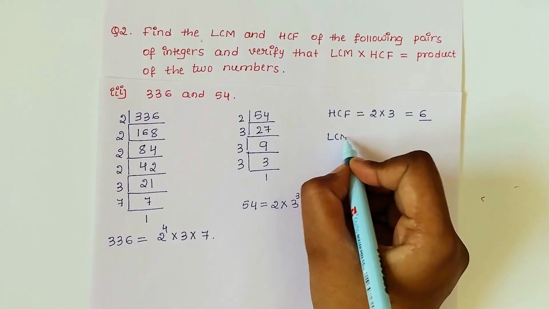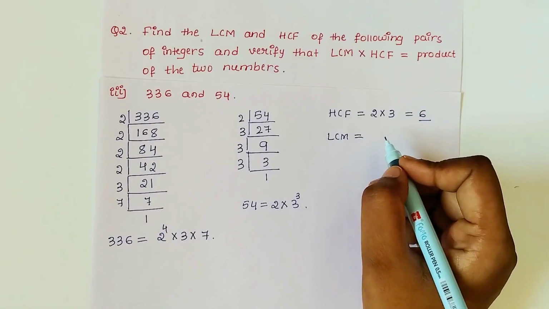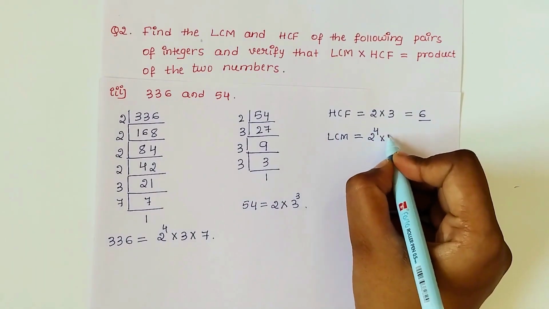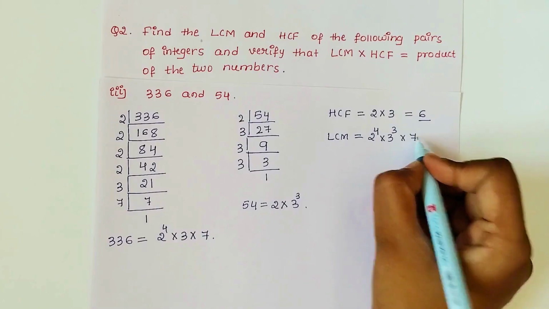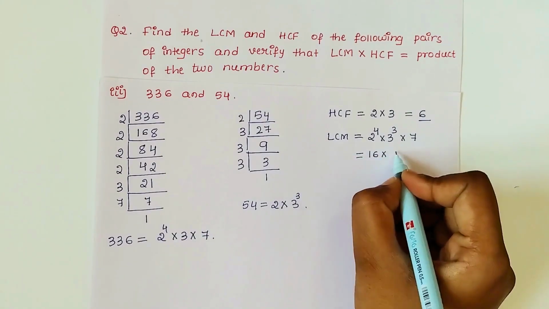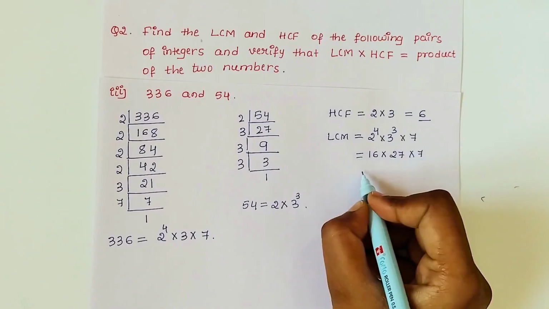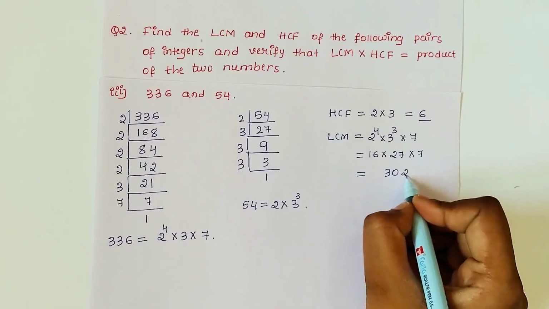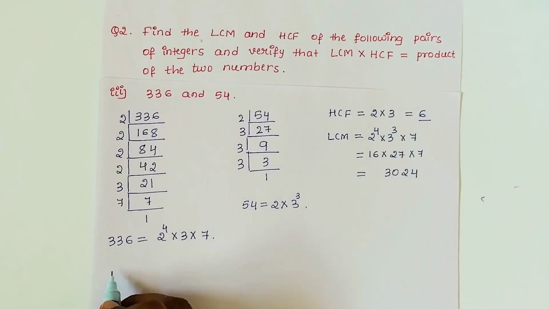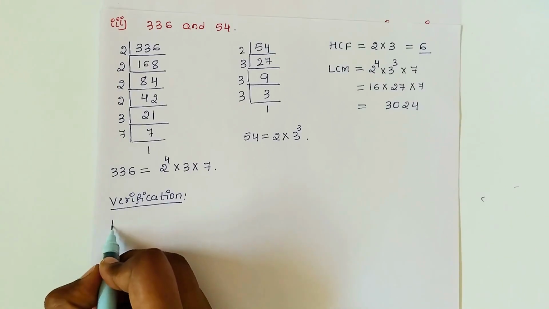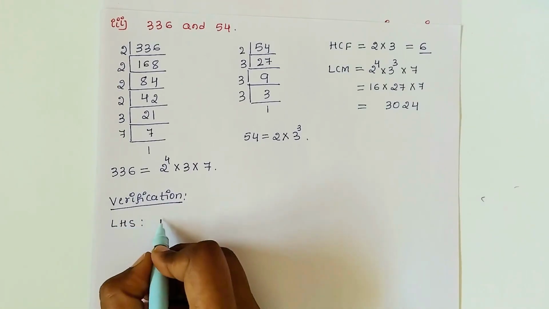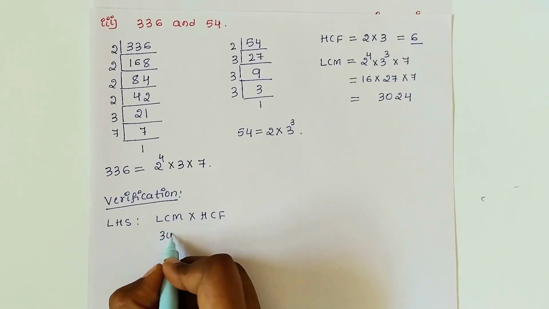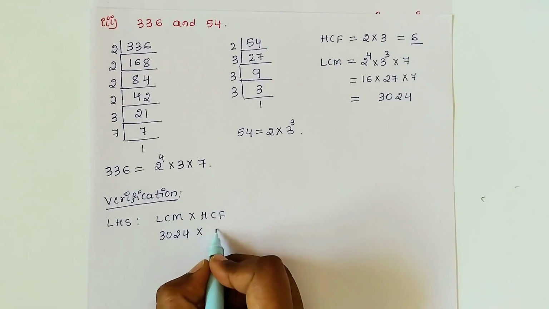Next, LCM. The product of all the prime numbers and their greatest power. Here 2 to the power 4 into 3 to the power 3 into 7, that is 16 into 27 into 7. If I multiply all these numbers, I'll get 3024. Let's verify the relationship. Consider the LHS part of the relationship, that is LCM into HCF. 3024 into HCF, which is 6.